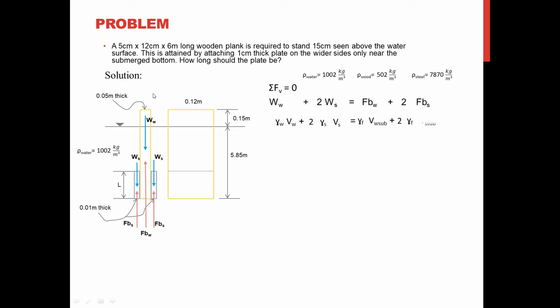We have gamma of the fluid times the volume of the steel submerged. We expand gamma in terms of density because in the problem, the density property is given. So therefore, we need to expand our equation in terms of rho, or density. So recall that gamma is equal to rho times g, the acceleration due to gravity, for the wood.